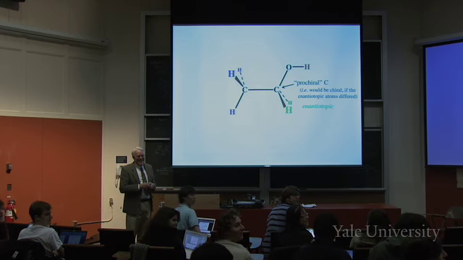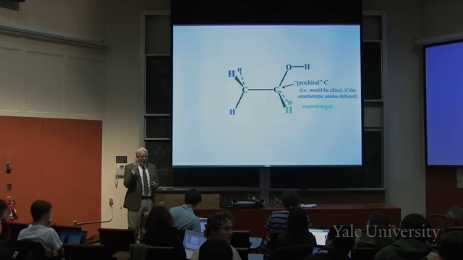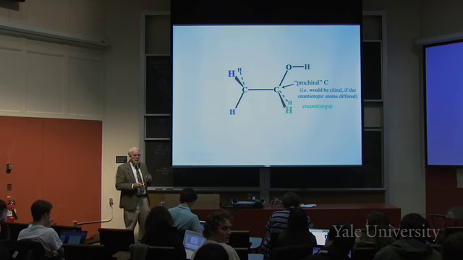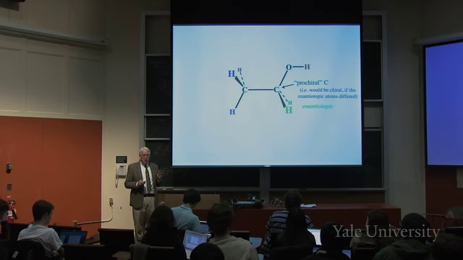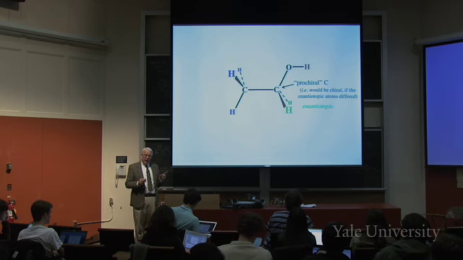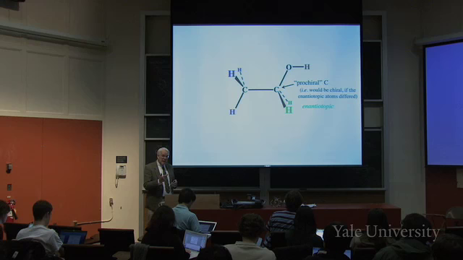It's got two H's on it. It has four different things, right? And this has two of the same. But it's called, for this purpose of topicity, prochiral. That is, it will become chiral if two of the things that are the same become different. For example, if one of them, instead of an H, were a deuterium, then it would be a chiral center.